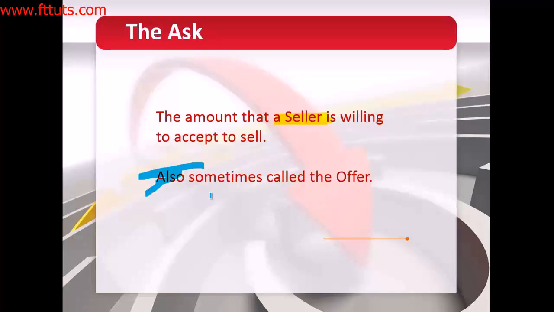The amount that a seller is willing to accept to sell is the ask. Sometimes you will hear people refer to the ask as the offer. In other words, this is the price that the seller is offering to the buyer. Would you be willing to accept my offer? If a buyer decides to accept the seller's offer, then we have a transaction. A transaction is complete.